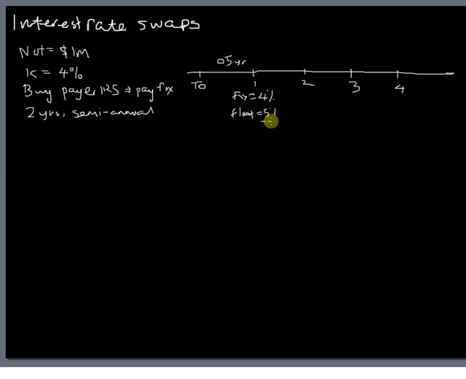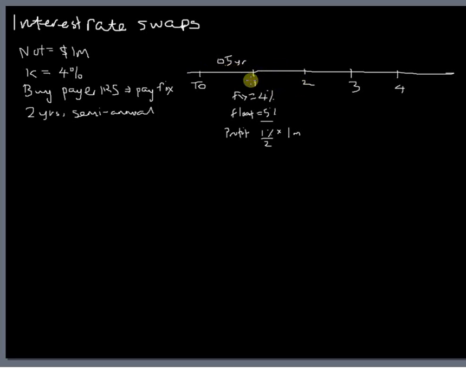So basically, on this date, 0.5 years from now, we will be receiving a profit of 1% of 1 million. Oh sorry, it's not 1%, it's 1/2%, because we are talking about semi-annual here.